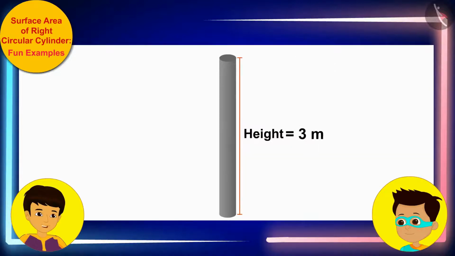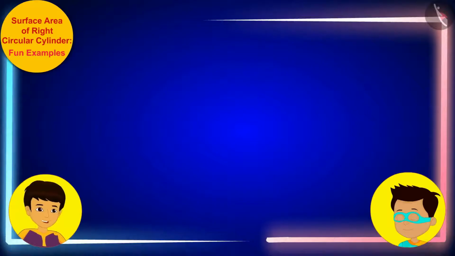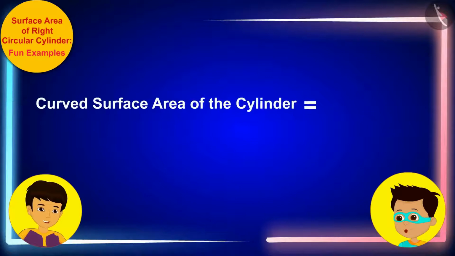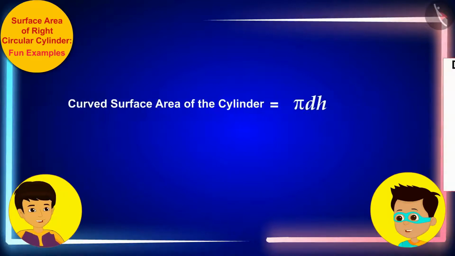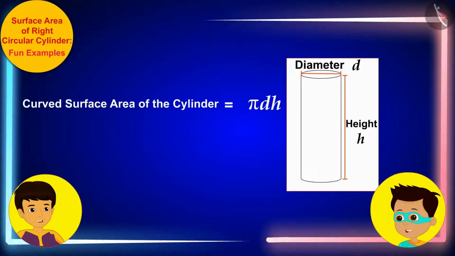The height of the pillar is 3 meters and its diameter is 35 centimeters. Thomas, do you remember the formula for the curved surface area of cylinder? Yes, Manas. The curved surface area of the cylinder is pi dh, where d and h are the diameter and height of the cylinder, respectively.